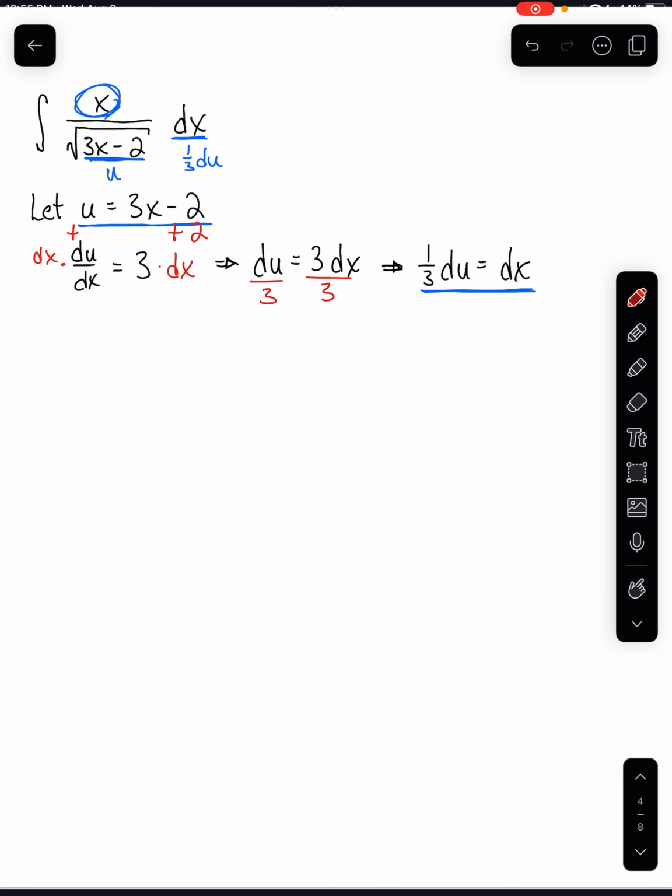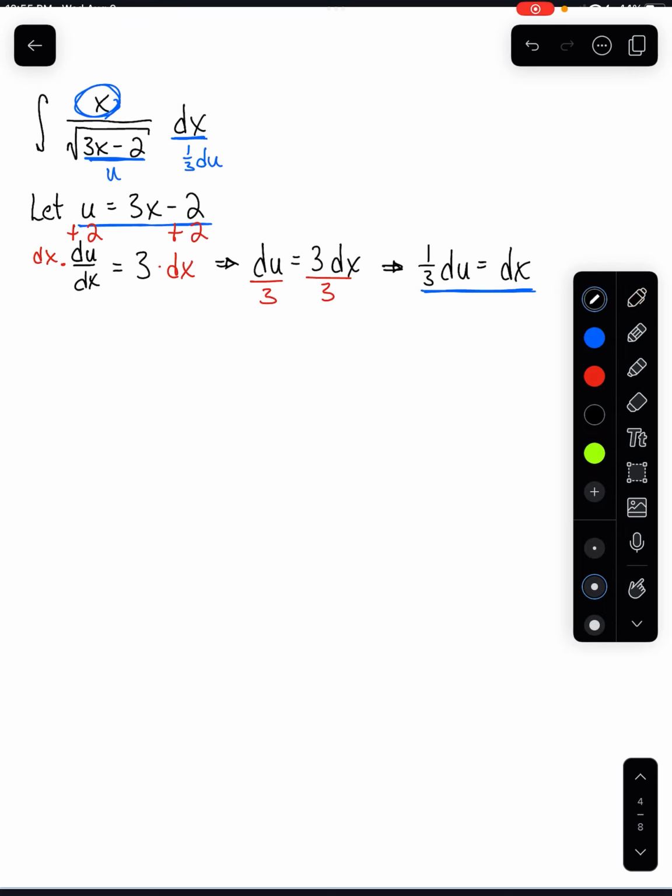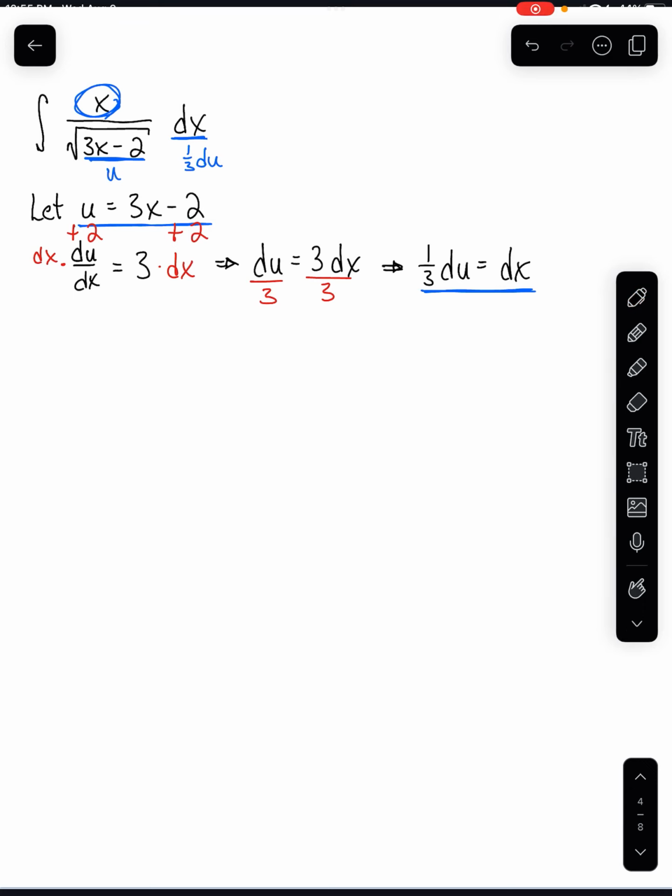Again, the 2 and the 3 up here are neither a u nor an x, so they can be moved around as needed. So what we can do here is add 2 to both sides and divide by 3.